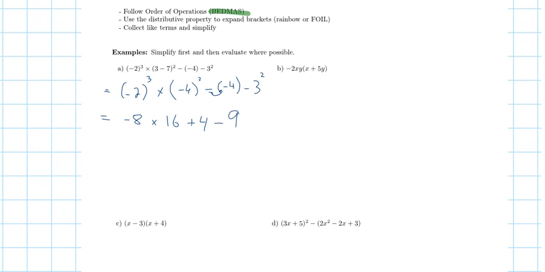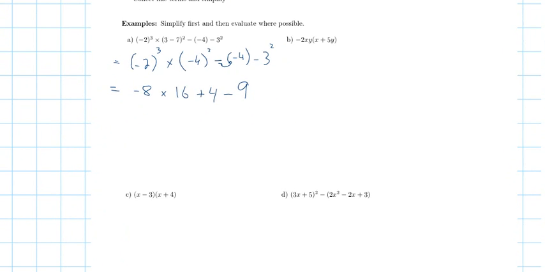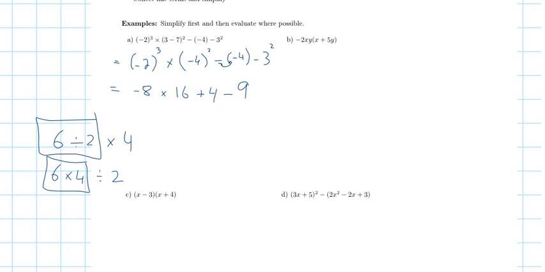So if I have, let's say, this, I have to do this first. If I have this, then I have to do this first. Whatever comes first, I have to do it. I can't just do whatever I want. It comes in order with respect to division and multiplication.